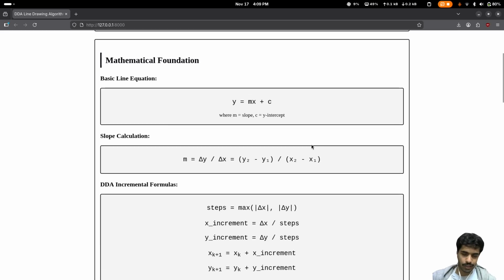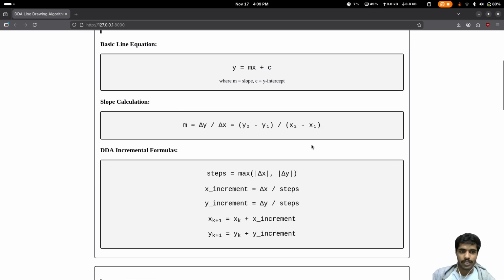One of the most important things, which determines the angle of the line, is m, the slope, and it is calculated as the difference between y upon the difference between x, which is del y upon del x.